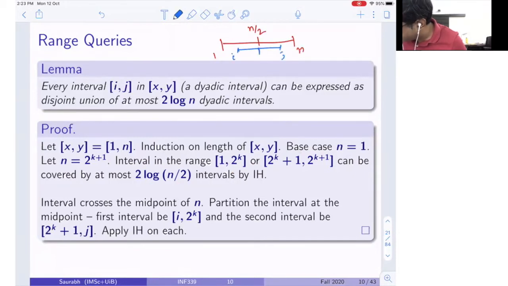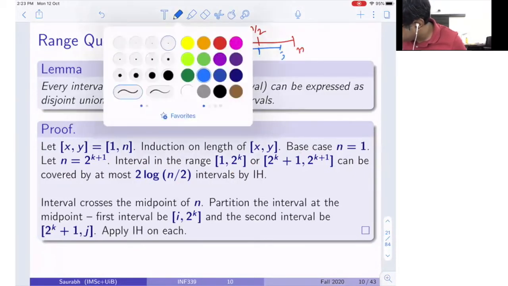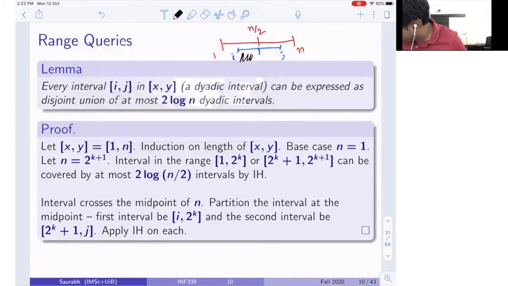So this is your interval i comma j. So now I break it here, right? So partition the interval at the midpoint. First interval is i to 2 power k and the second interval will be 2 power k plus 1 comma j. Now you apply induction hypothesis on each. So how much will it be?